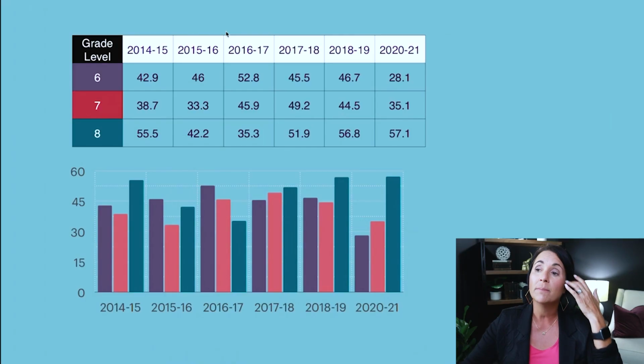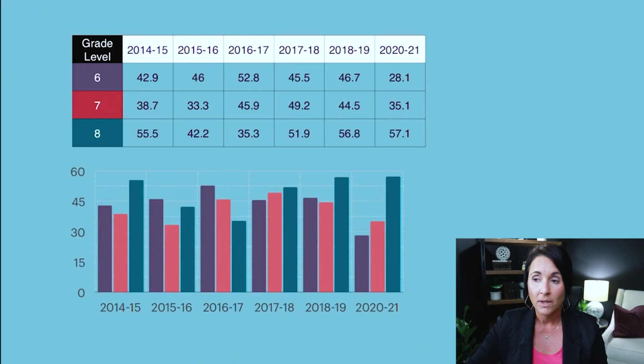All right, so we know we're a middle school based on the prompt. And we know middle schools in my area are 6th, 7th, and 8th grade. I think that's the way it is in most areas. On this piece of data, I have it broken down in a table and in a graph. It depends on the prompt. You might get it both in a table and a graph, you might just get it in a table, or you might just get it in a graph. So practice looking at it in both ways.